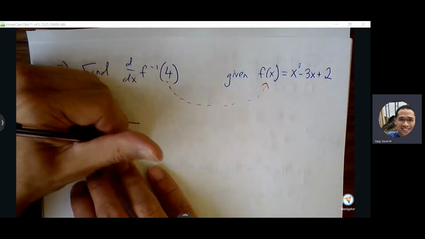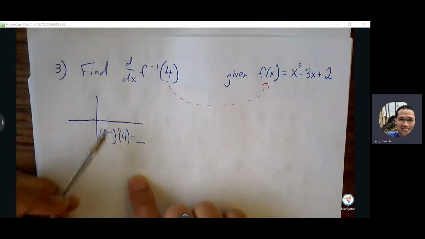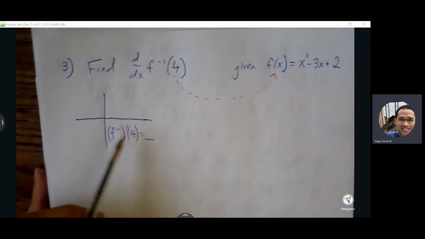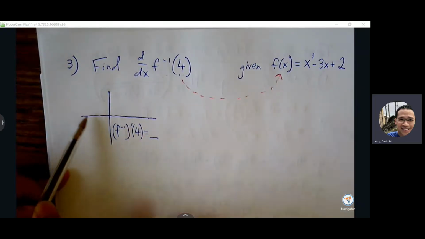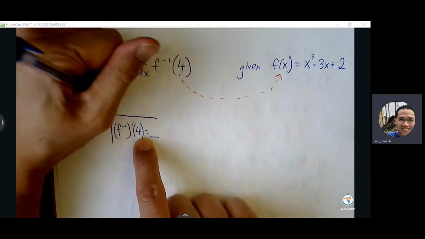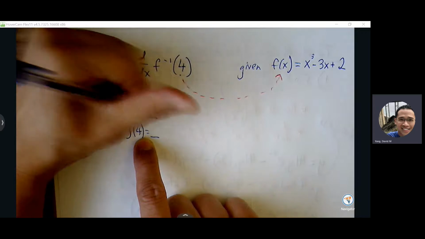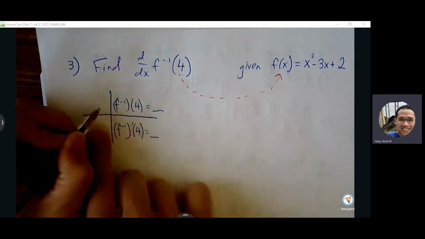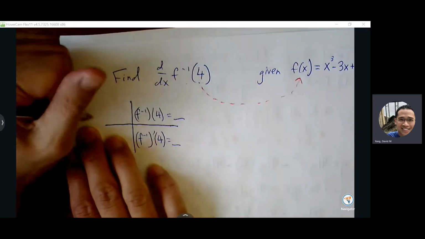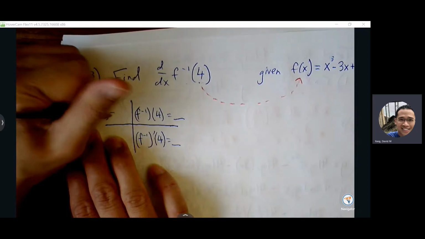My ultimate goal is to figure out the slope of the inverse at 4, but I'm not going to do anything on the inverse side of things. I'm doing everything on the function side. So I know my ordered pair is going to stand as 4, something on the inverse, but really that 4 is the y value of the original function.